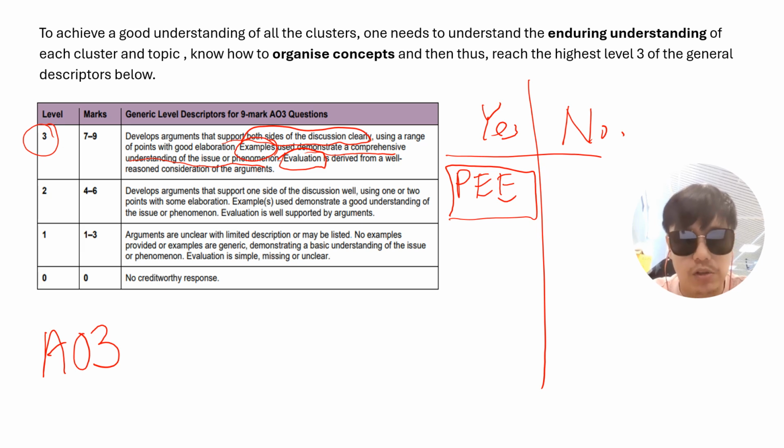It means that you need to show the marker that you have achieved the enduring understanding of each cluster and topic, and you're able to evaluate them accordingly to the question that is given. And thus, then you can reach the highest level 3. So it sounds a bit fuzzy. I'm going to show you a few tips to do so.